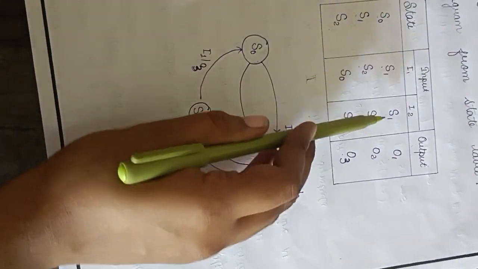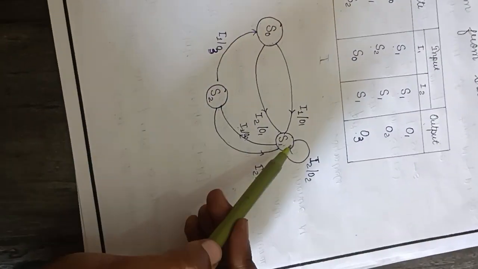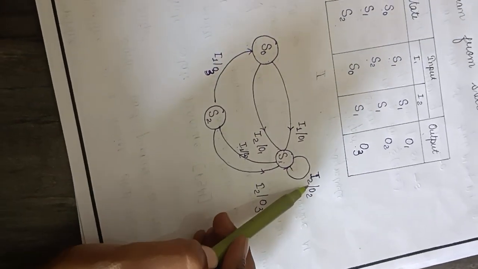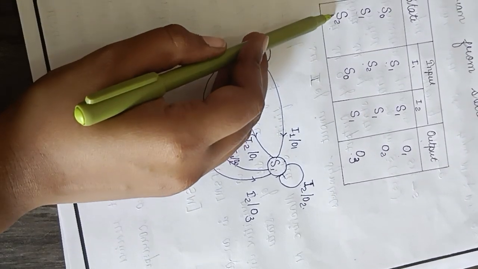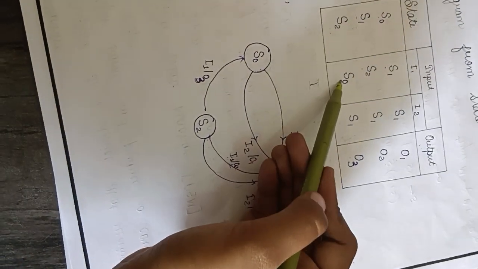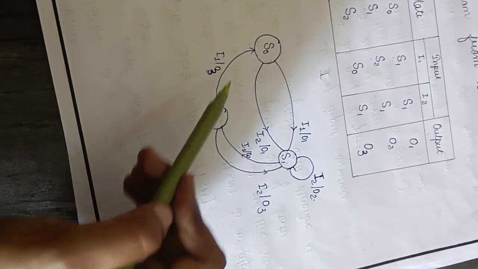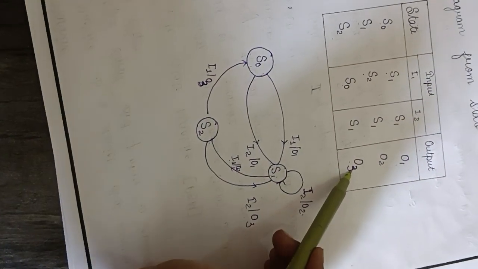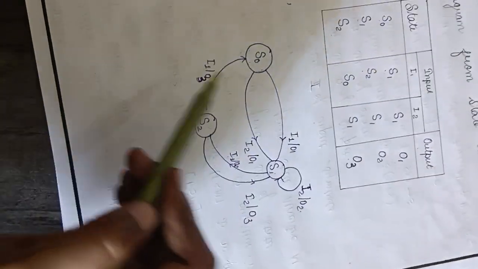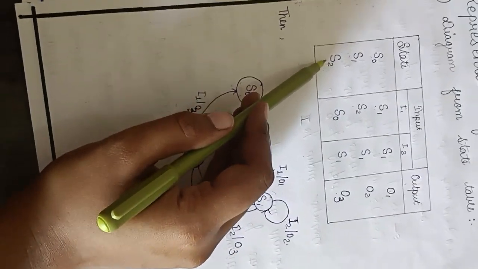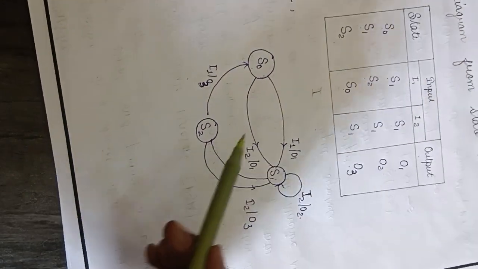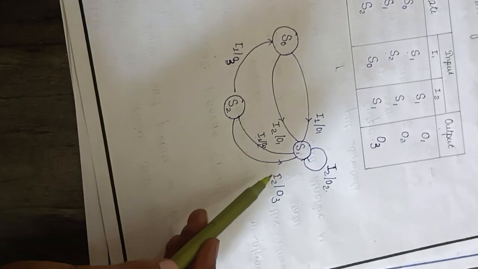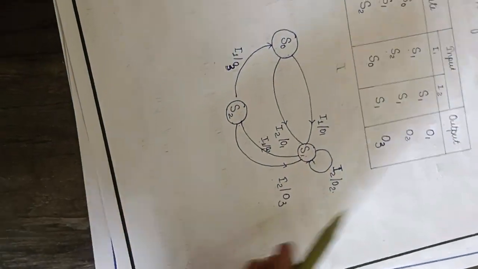Then in S1 with input I2 the next state is S1 itself, so we represent I2/O2. Next, from state S2 with input I1 the state changes to S0, with O3 as the output. And in state S2 with input I2 the next state is S1, so from S2 to S1 we have I2 as the input and O3 as the output.